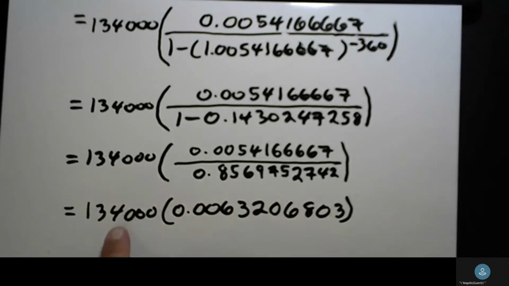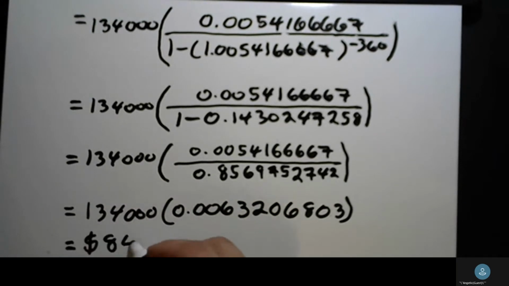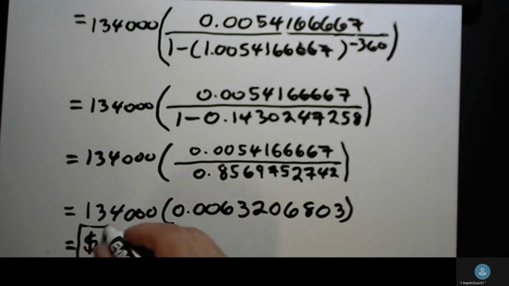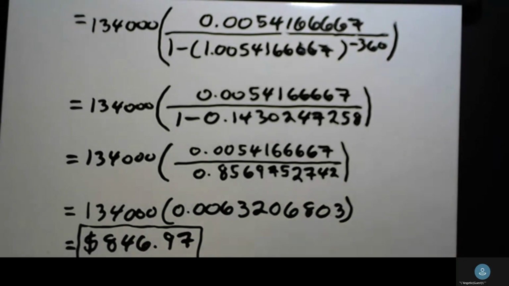Then finally, we multiply these two together, and we're going to get $846. And rounding to the hundreds place and letting the extra fractions of a cent just drop off, we're going to get that. And so that's going to be our answer. So questions about that? Now we're not done yet.